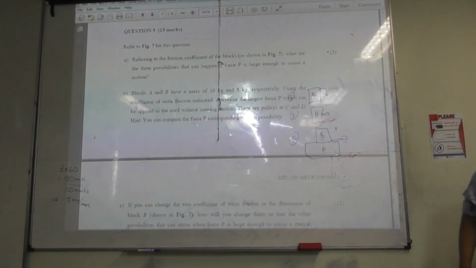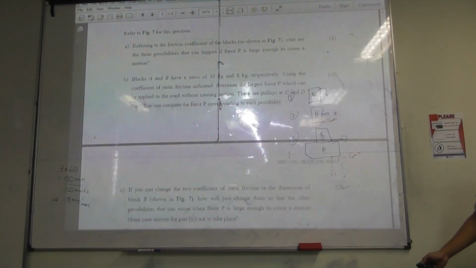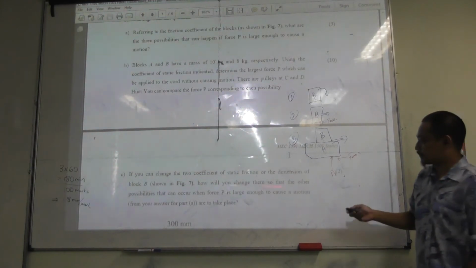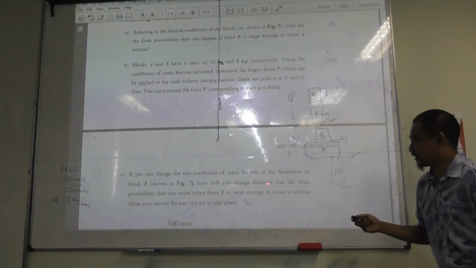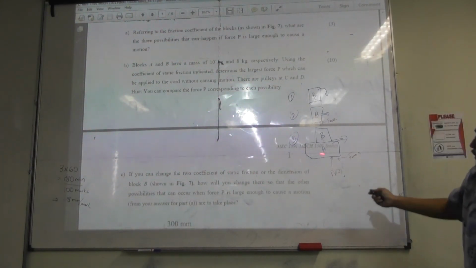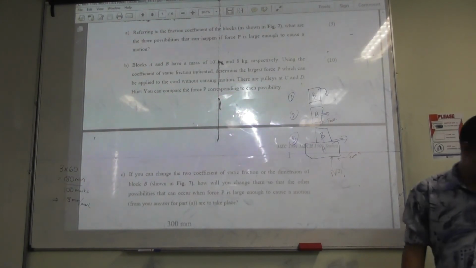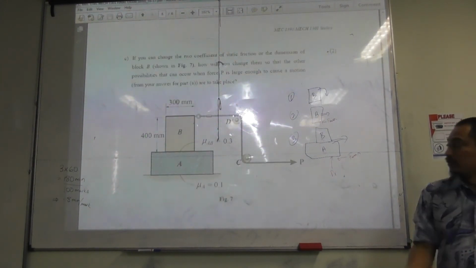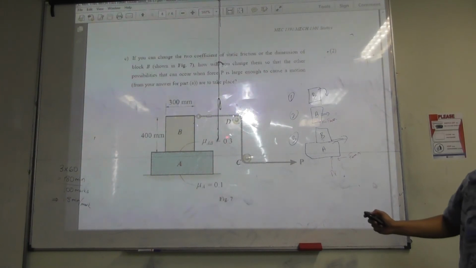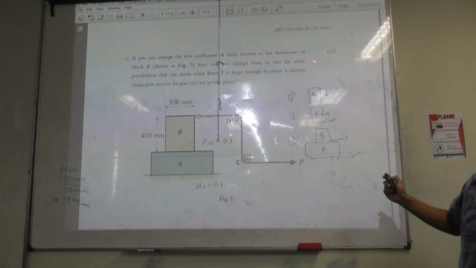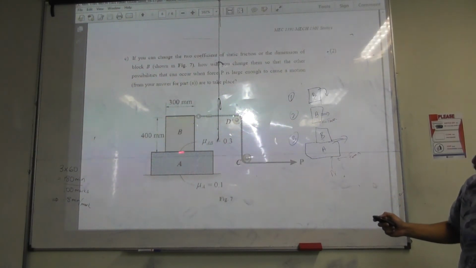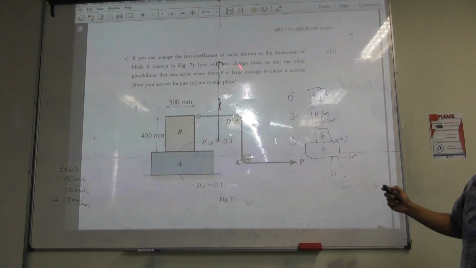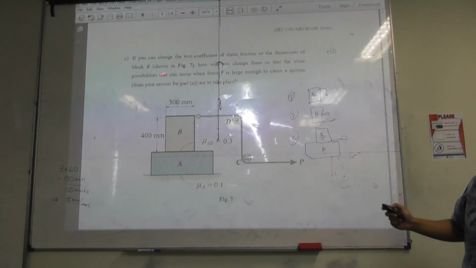Next, okay, this is the understanding part, the why or something. 2 marks, right? If you can change the two coefficients, meaning this one and this one you can change, or the dimension of B, meaning this size you can change, how will you change them so that the other possibility occurs when P is large enough?